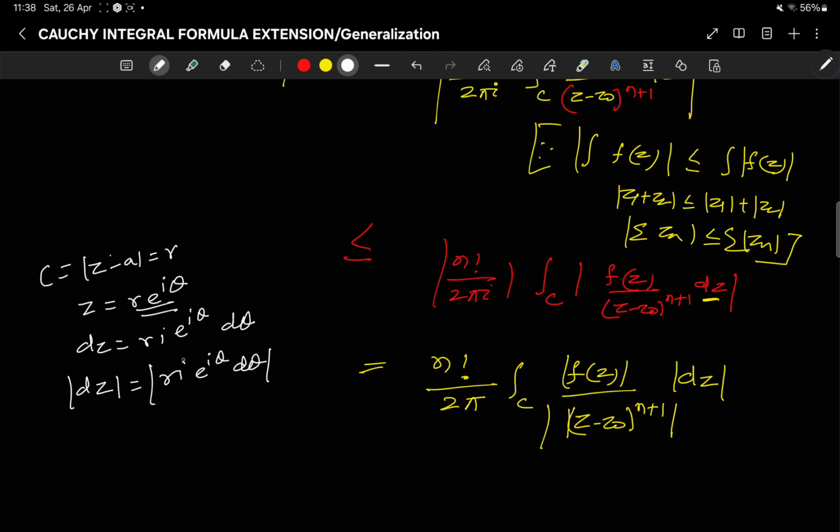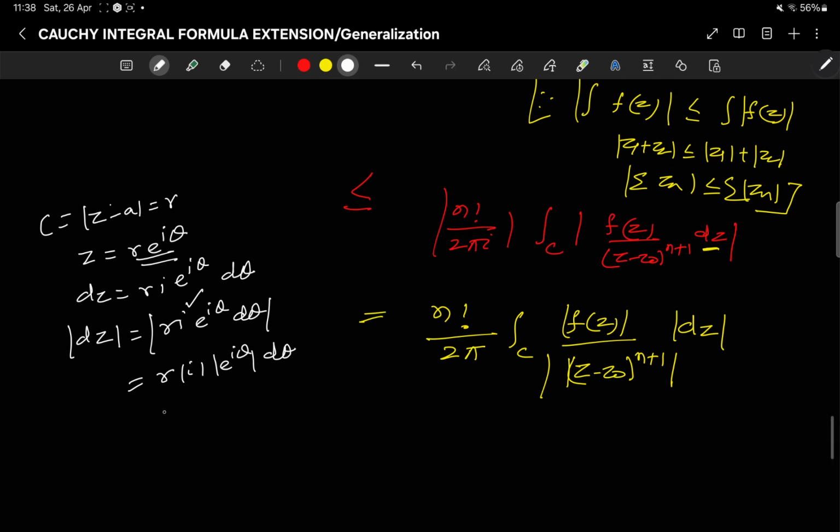So |i| is here 1, so this is equal to r. |e to the power i theta| is the square root of cos square theta plus sin square theta, which is 1. So this is simply r d theta, right?